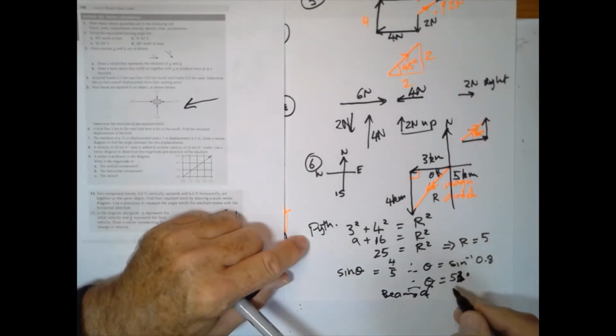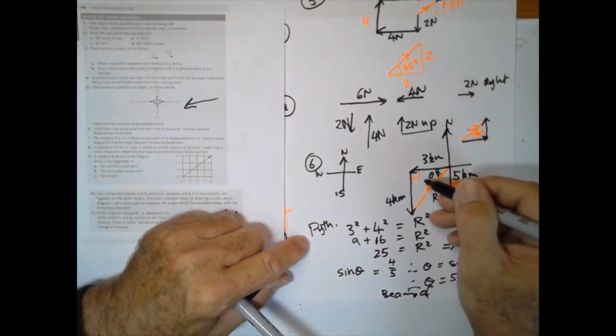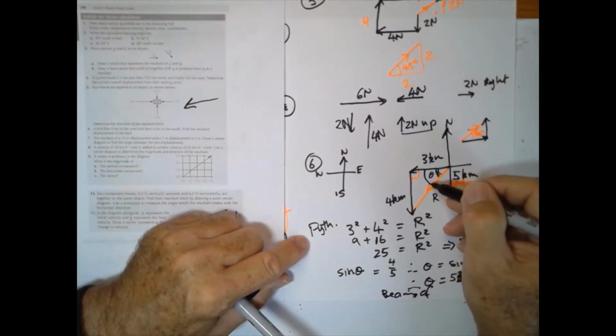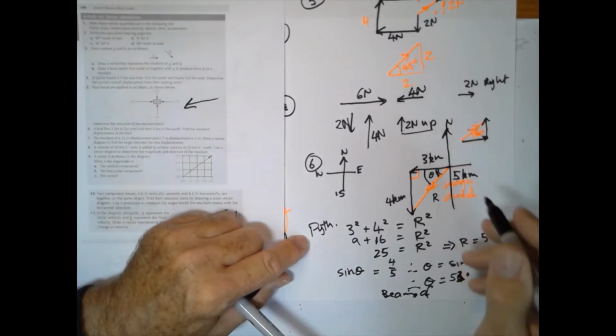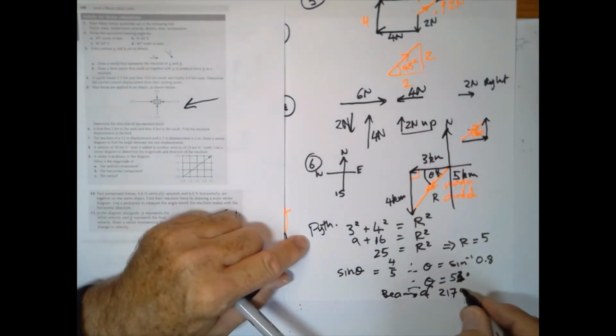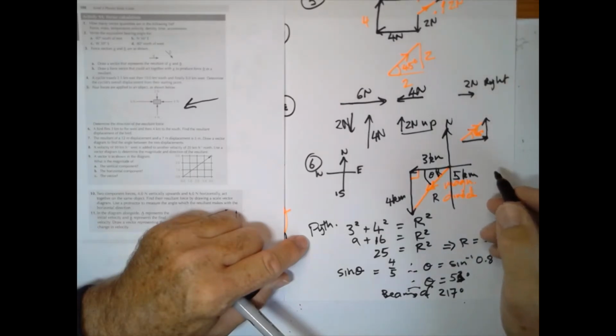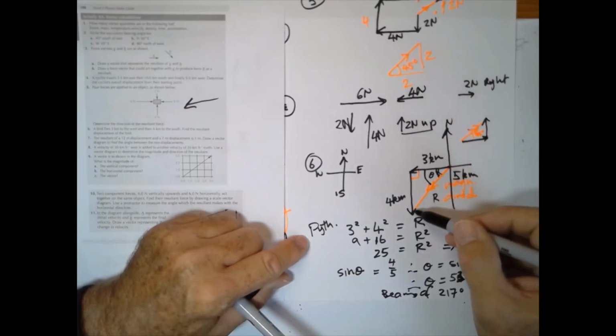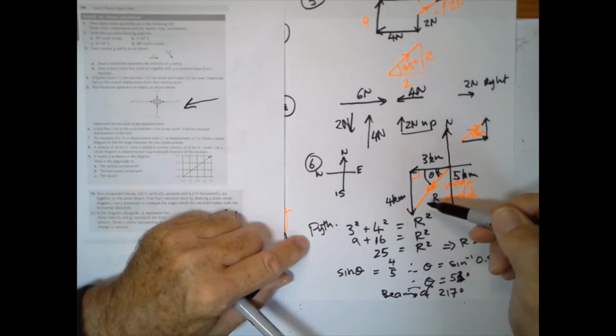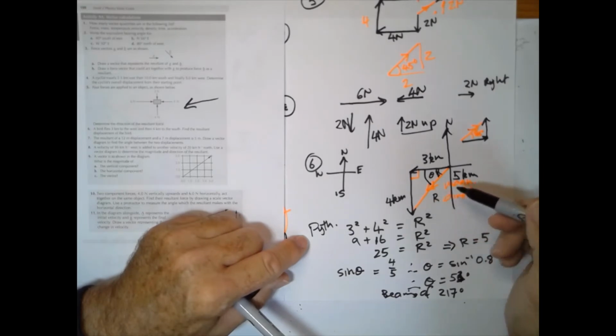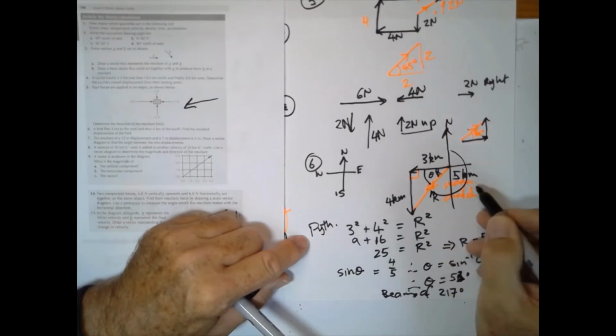So that's a bearing of 270 minus 53, which is a bearing of 217 degrees. We can say that the bird is displaced 5 kilometers at a bearing of 217 degrees.